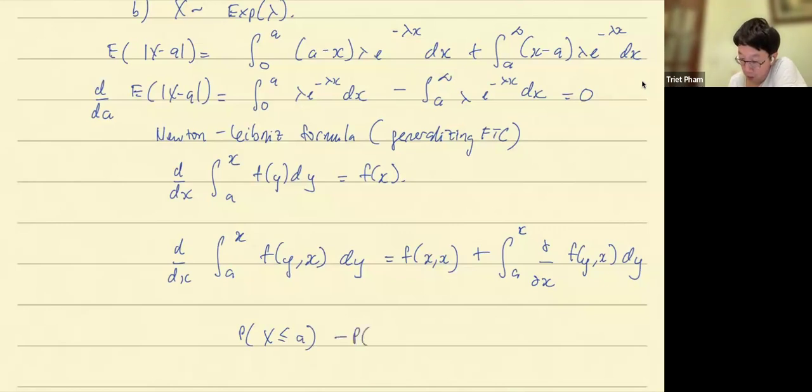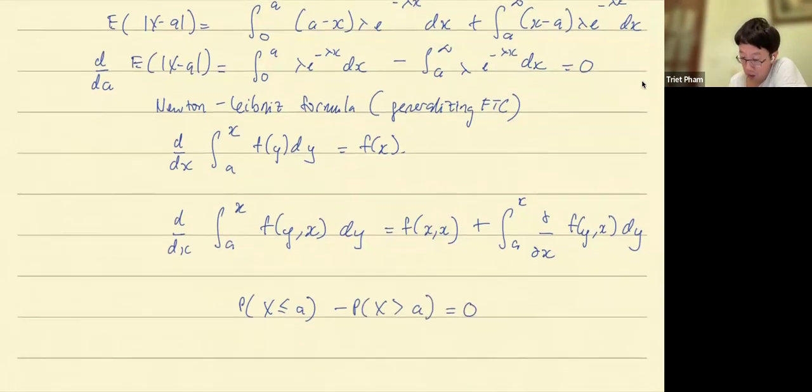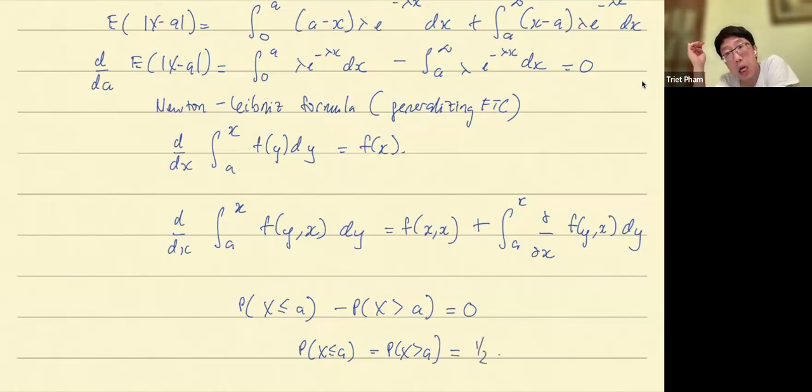The second one is the probability that the exponential is bigger than a, and it's 0, which means that the first is equal to a half, because they sum up to 1.